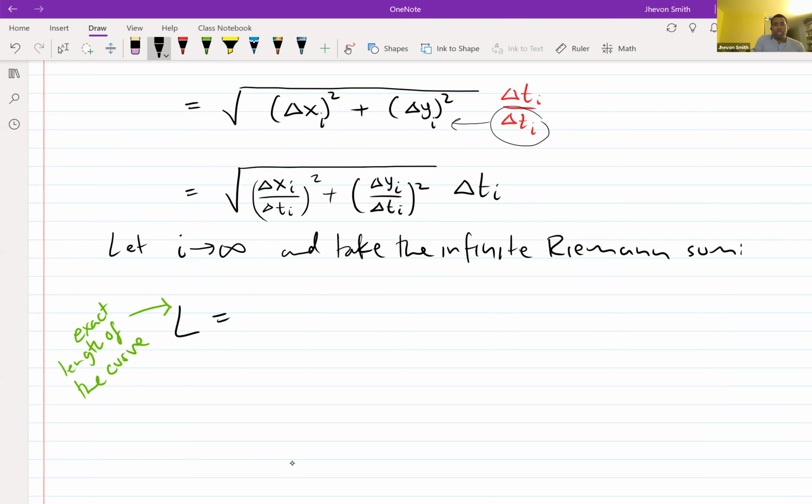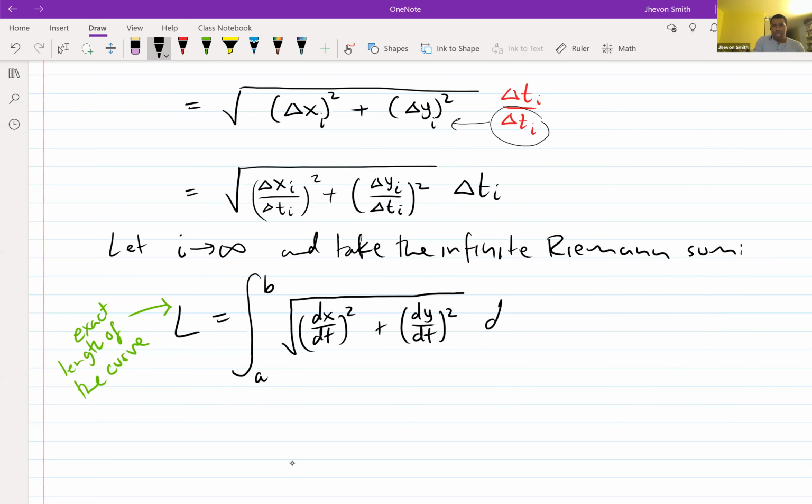And this is pretty much going to be, well, your delta x over delta t, that's just your dx/dt, isn't it? Your delta y over delta t, that's your dy/dt. Then we have this square root. But we just added up a bunch of lengths. We added up an infinite number of things of this form. We can do that with an integral. And of course, the delta t out here is going to become your dt. So we have this formula.